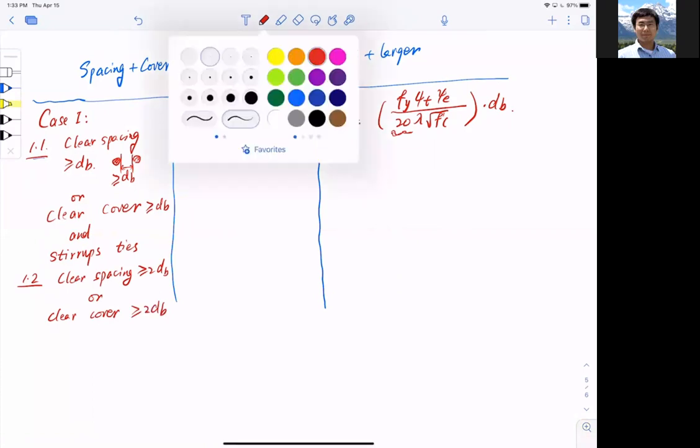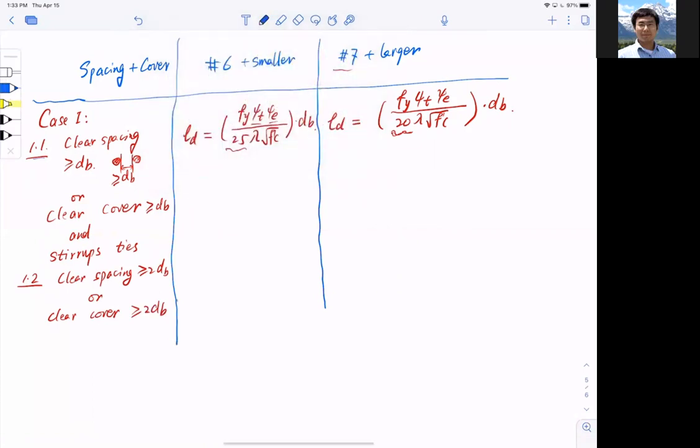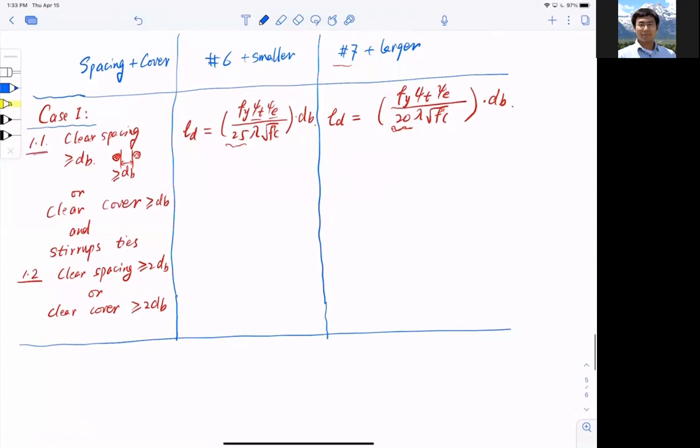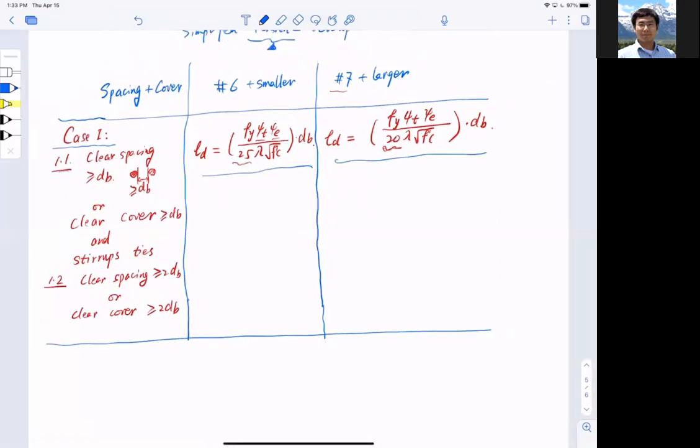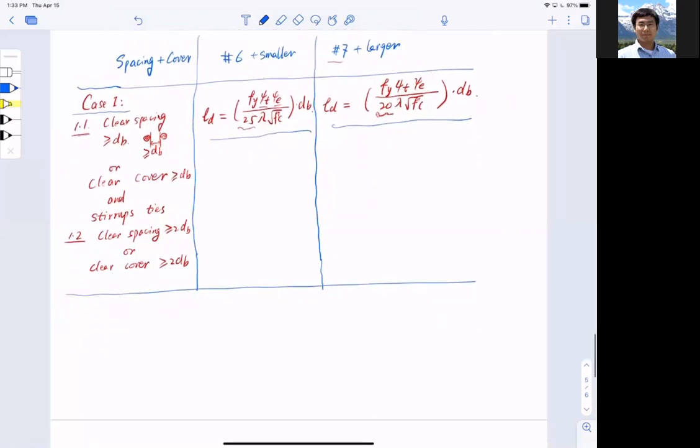ACI says these two cases all fall in case 1, and you use the simplified equation: for number 6, use this; number 7 or above, use this, and that's it. Much easier to calculate. You don't have to worry about the Ktr, the confinement effect, all that.